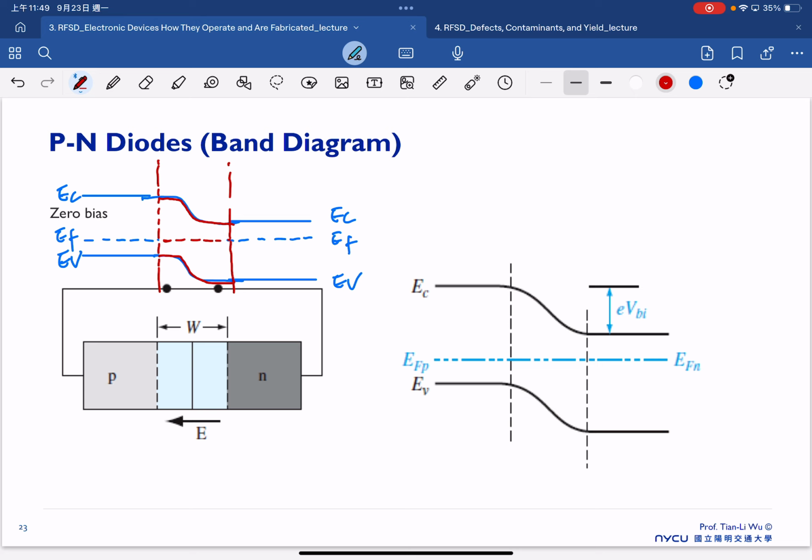By considering the band diagram in this case, we can further use it to understand why the electron cannot move to the left. As I already mentioned, diffusion means the electron will want to move to the left, and the holes will want to move to the right. But the band diagram also tells us this is the conduction band, so we have the electrons here.